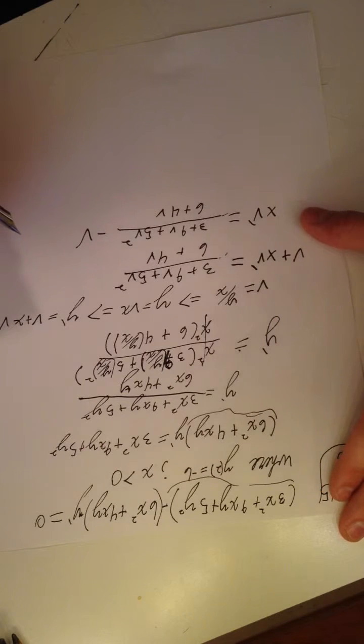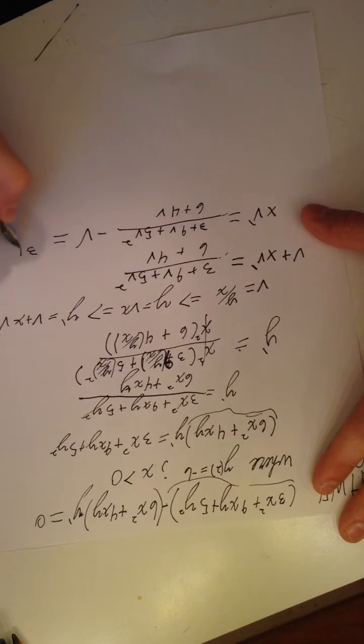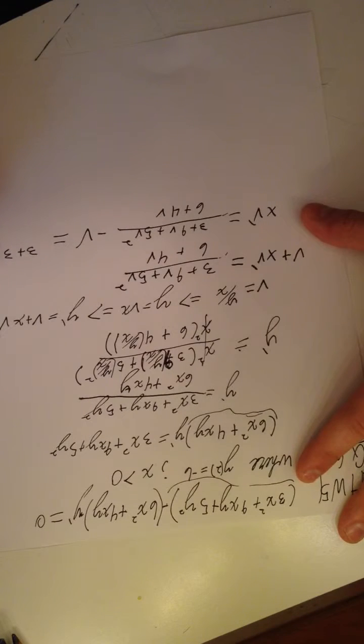This can be simplified even further down into (3 + 3v + v²) all over (6 + 4v).